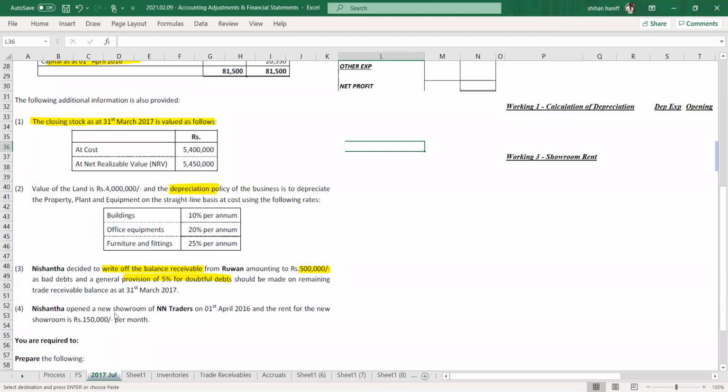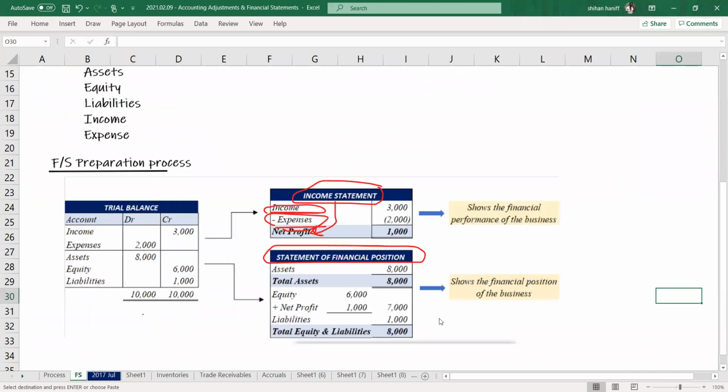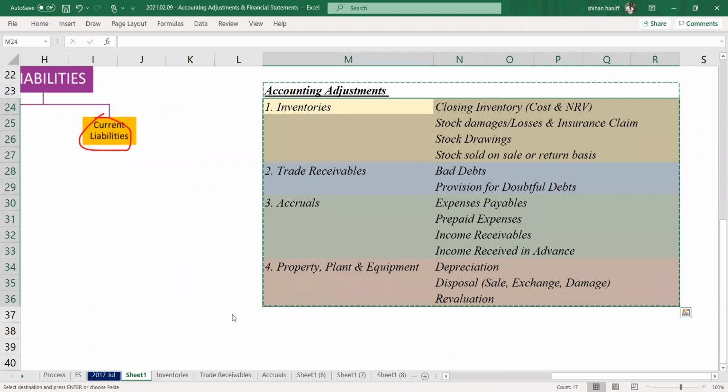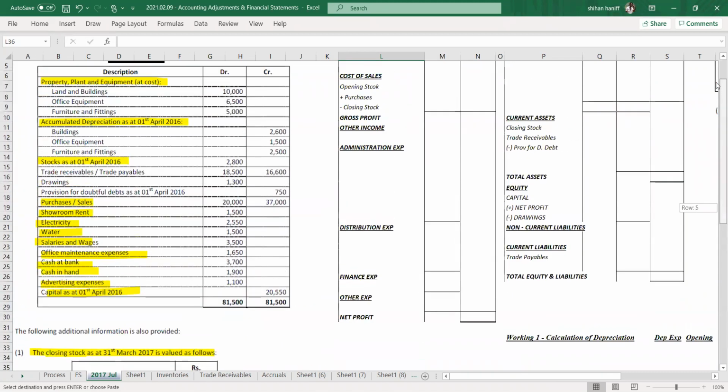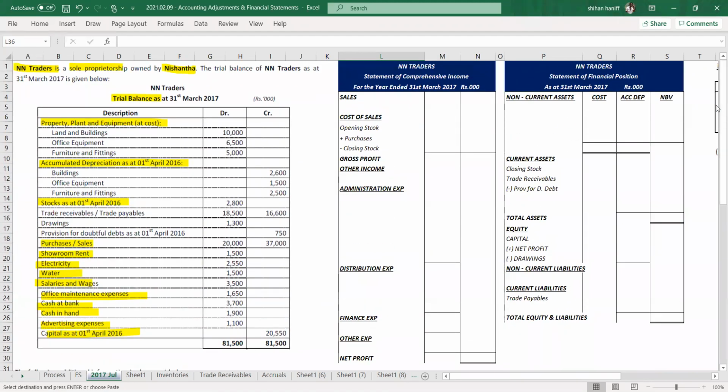And the fourth adjustment, opening a new showroom, which is an accrual adjustment. Normally, you will get adjustments in a sole proprietorship related to these four, the adjustments that we discussed. Since this is the first question, I will explain from the basics.